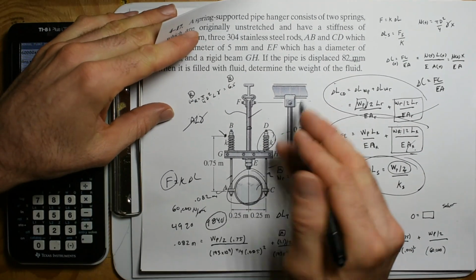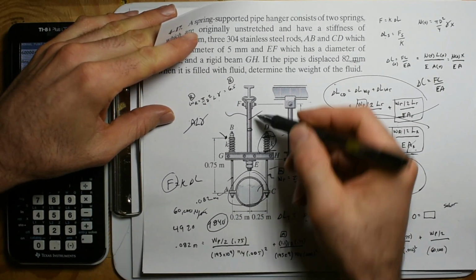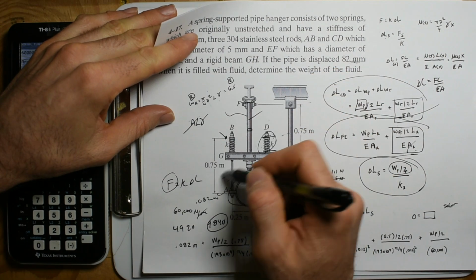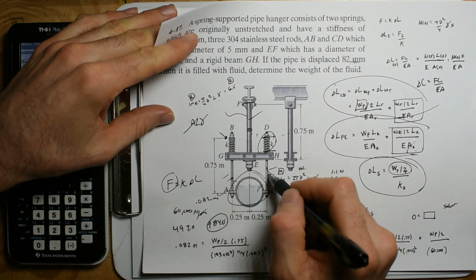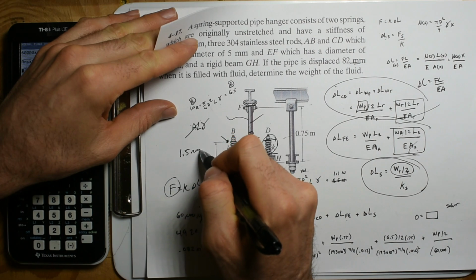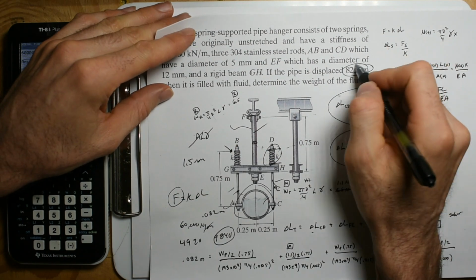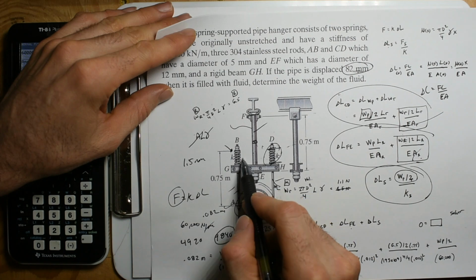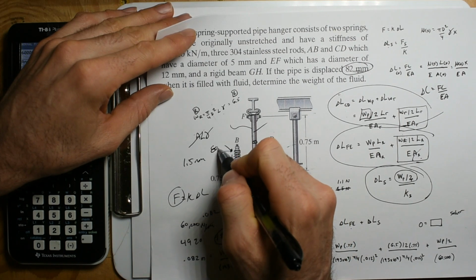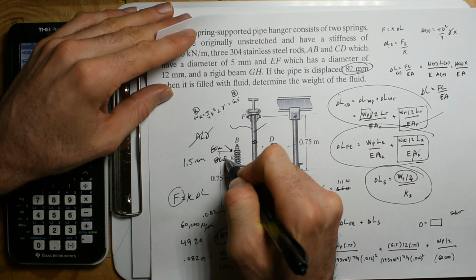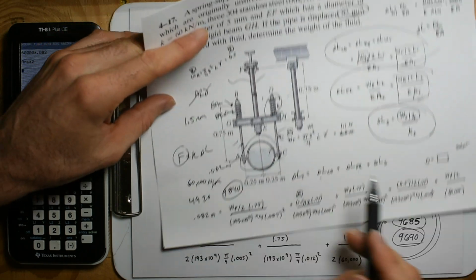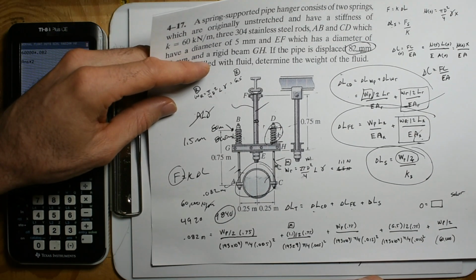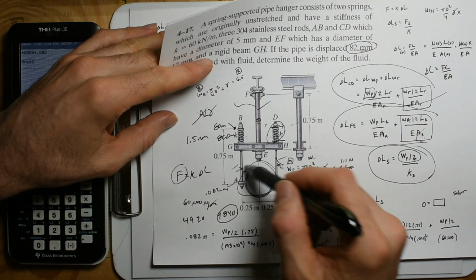So these springs aren't being deflected as much because the actual deflection of these members is about 1.5 millimeters. And so we have a little bit less deflection. We only have 80 or 80.5 millimeters of deflection in these springs, and then some of the deflection is in those members.